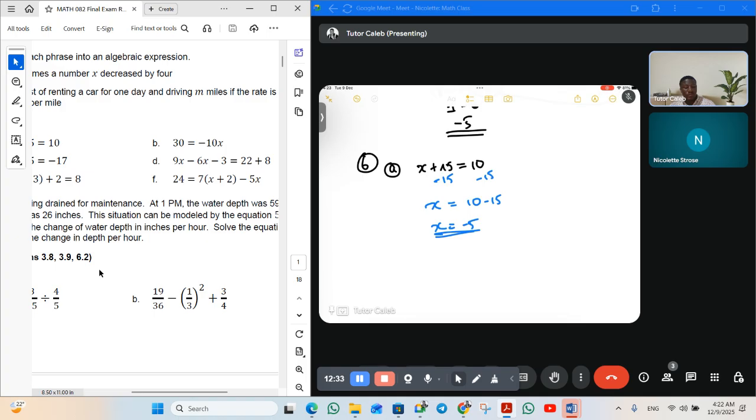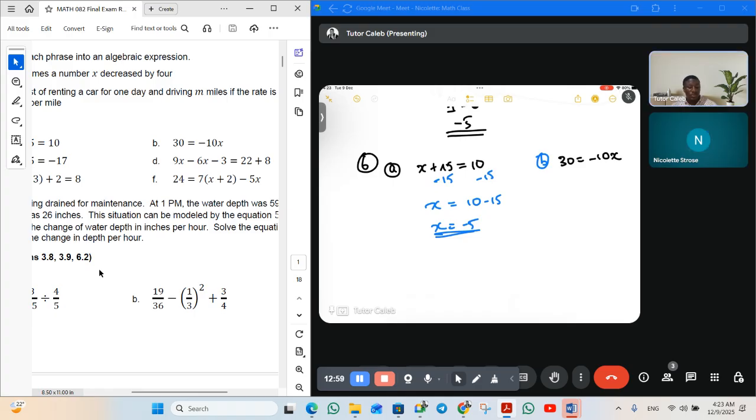Question B. Can you move ahead? Yes. Now 30 equals minus 10x. What do we need to remove close to x to get x alone? We divide negative 10 on both sides. Perfect.